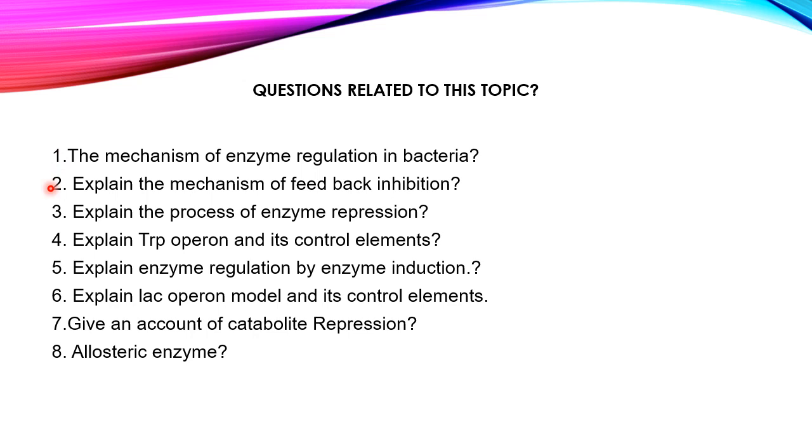Then the mechanism of feedback inhibition, the process of enzyme repression, the tryptophan model and its control elements, explain the enzyme regulation by enzyme induction, the OPERON model and its control elements, the account of catabolic repression and allosteric enzymes. So all these questions are covered in this particular topic.